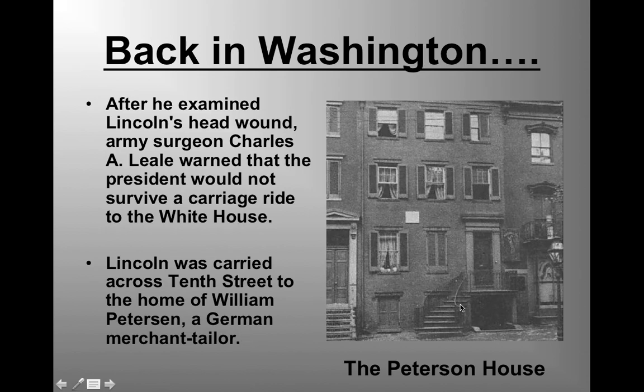Imagine being William Peterson, minding your own business in downtown D.C. The next thing you know, these basically Secret Service agents and Army personnel are knocking on your door, and there is Abraham Lincoln, the President of the United States, with a gunshot wound in the back of his head, and they're asking if they can take him into your house. Yeah, you can, but talk about a crazy Friday night for the Petersons.